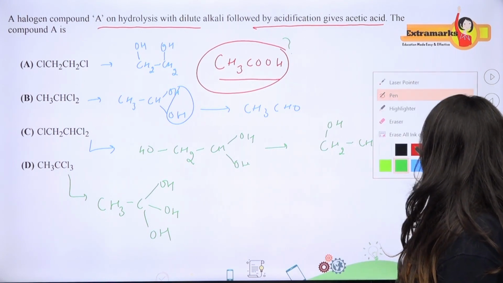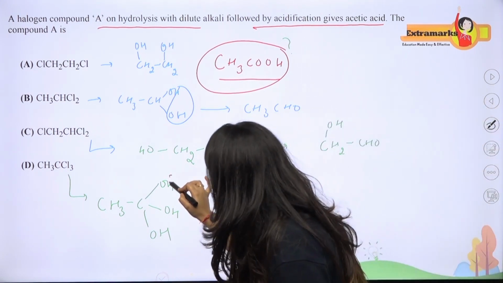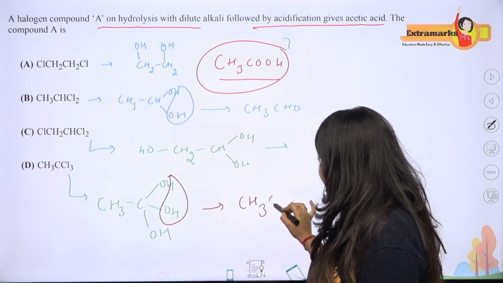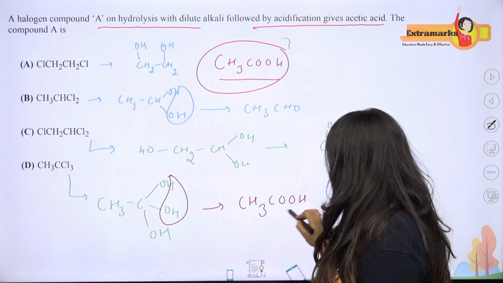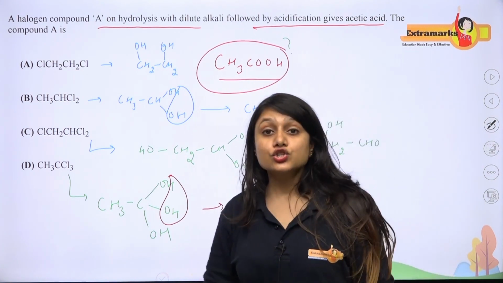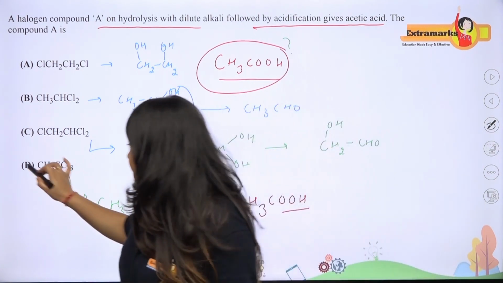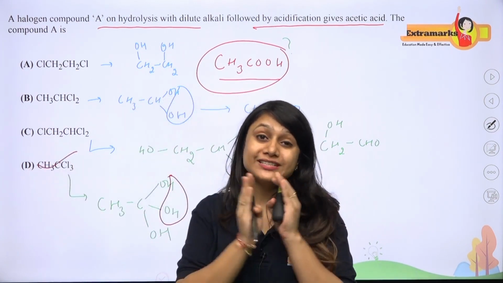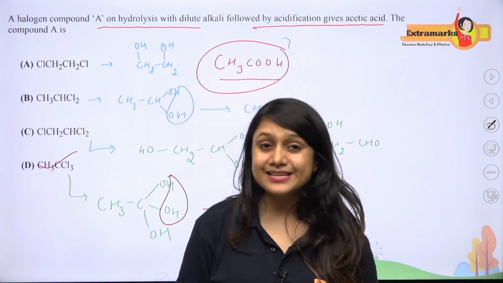Again there will be removal of H2O. So when you remove H2O, what is the product? Can you tell me? CH3COOH, that is nothing but acetic acid. So the correct option will be D. Clear, students? For these questions you have to practice in this way.